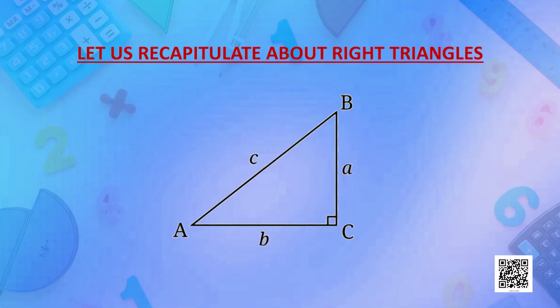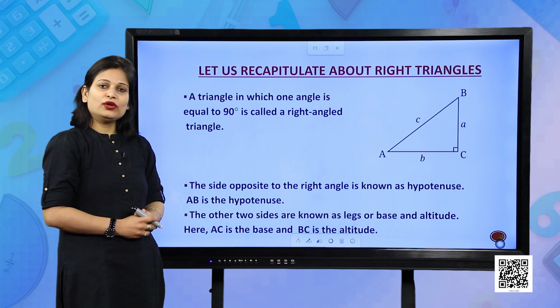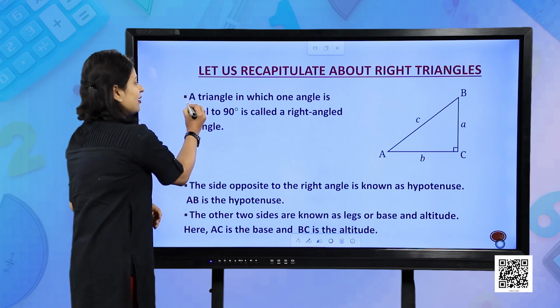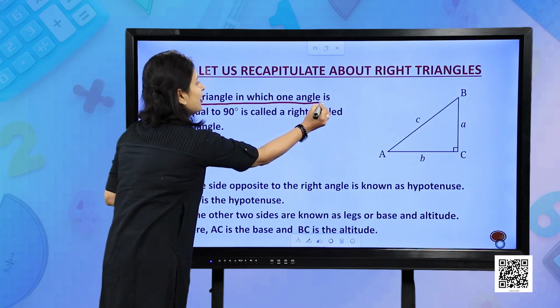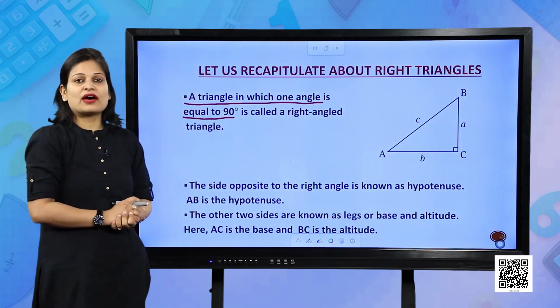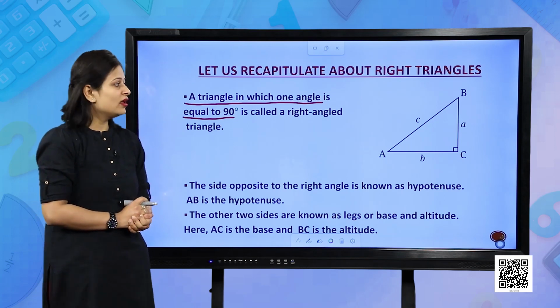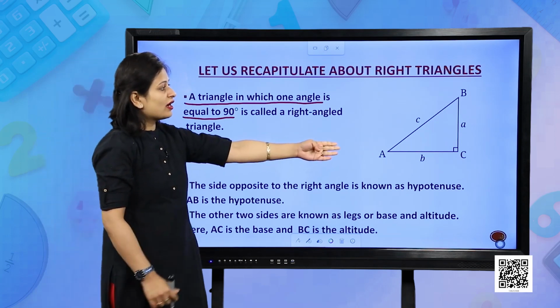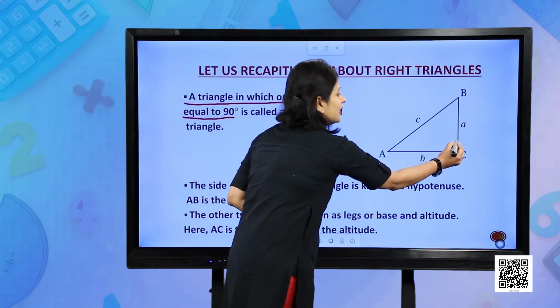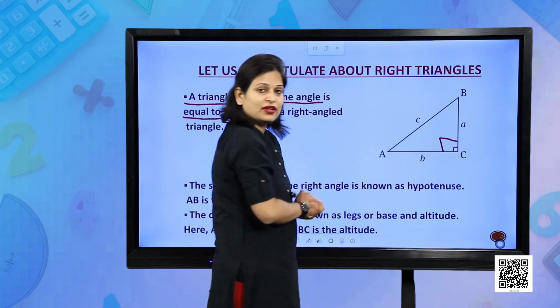Now, let us recapitulate about right triangle. What do you mean by a right triangle? A triangle in which one angle is equal to 90 degree is called a right angle triangle. As you can see, a triangle ACB where angle C is 90 degree.